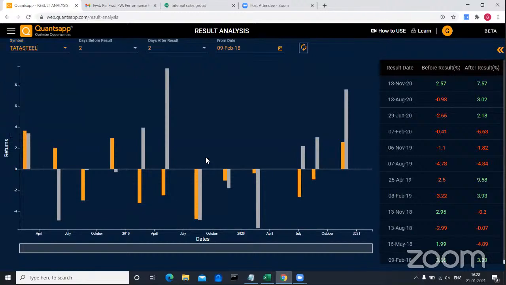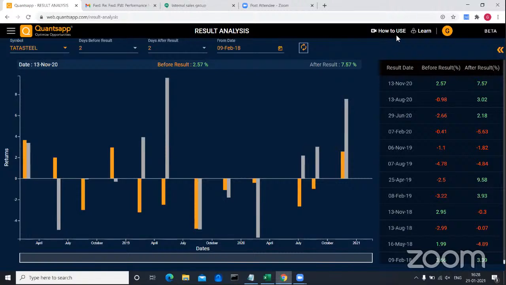So now you can see. So basically, its result analysis is just giving you all the FNO stocks, and it's telling you how the previous performance was for that particular stock.